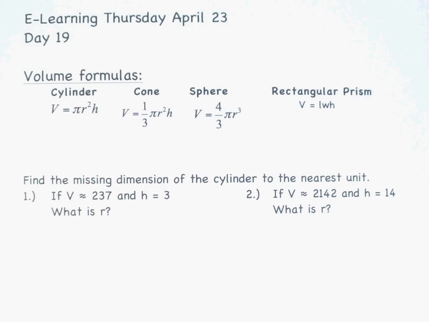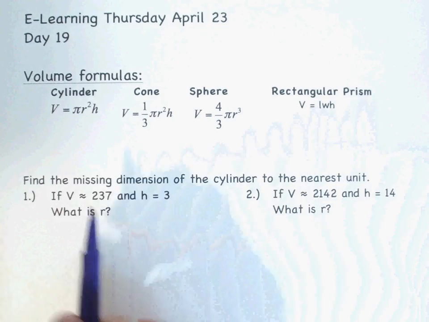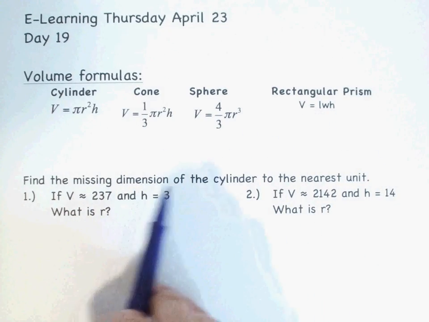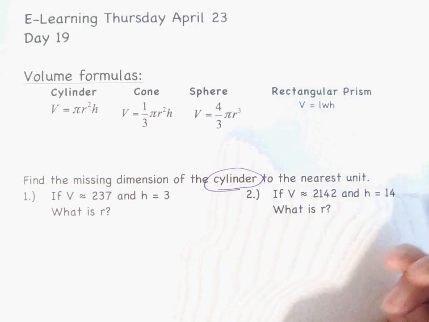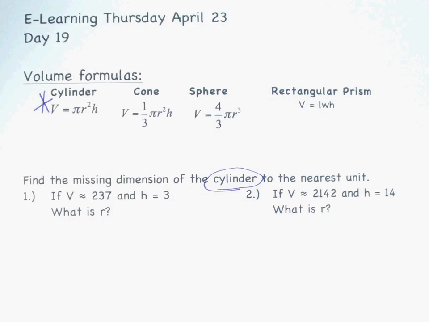So to get going with today's notes, we're talking Thursday, April 23rd, still working with volume, taking our time with it. There's no rush. What we're going to do is it says find the missing dimension of the cylinder to the nearest unit. So we are again working with cylinder, so I'm going to find that on our formula sheet right here.